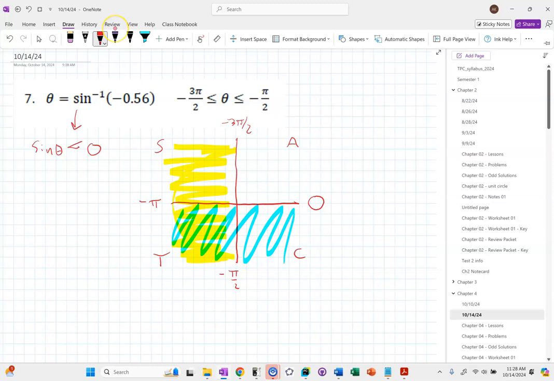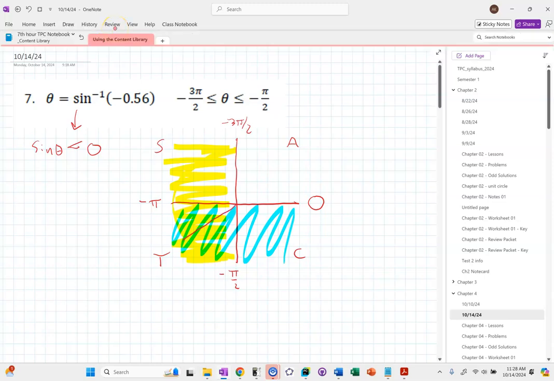So I can see my answer should lie here in quadrant 3. So that's my angle. So far, so good? Kiara? So far, so good? Okay.